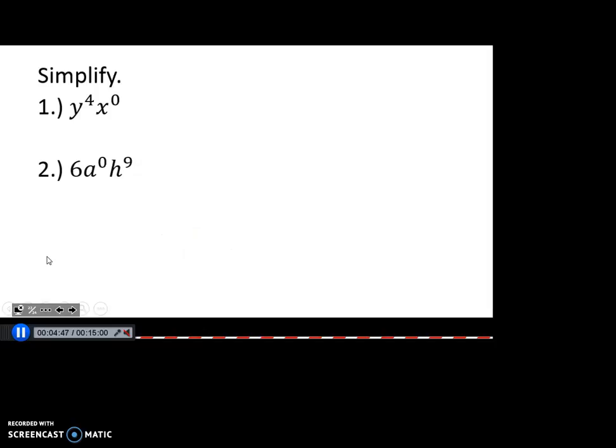And let's look at one more. So I have negative 12 times c to the 6th times z to the 0 power. Negative 12 is not going to change. C to the 6th won't change, but z to the 0 power is going to become 1.